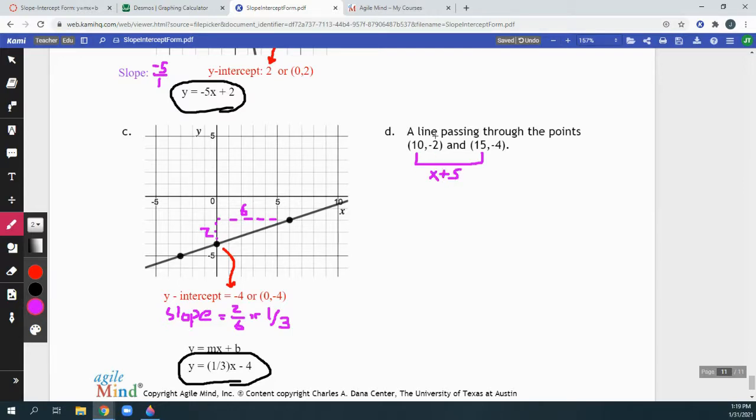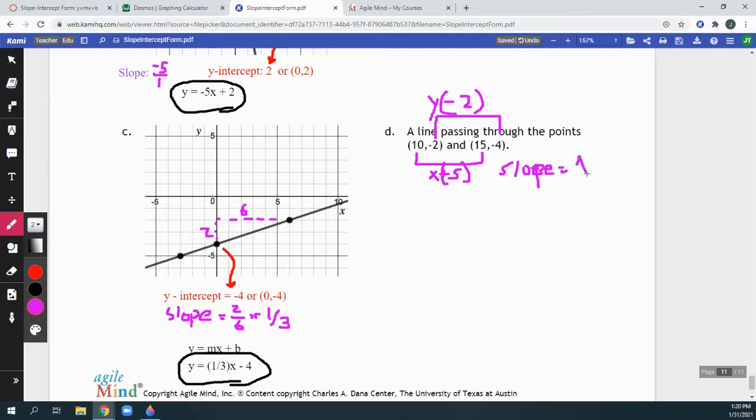All right. Now y, on the other hand, takes away 2. Y takes away 2. So we know what's going on with x and with y. That's how we can find slope, right?